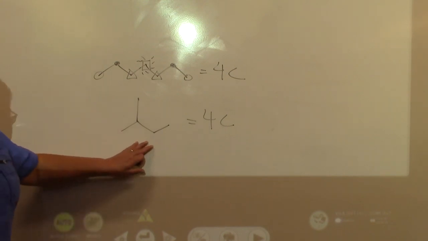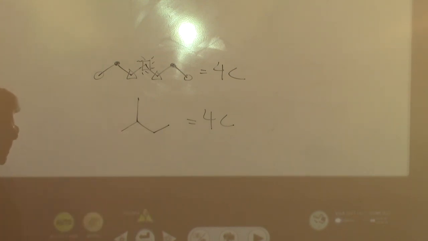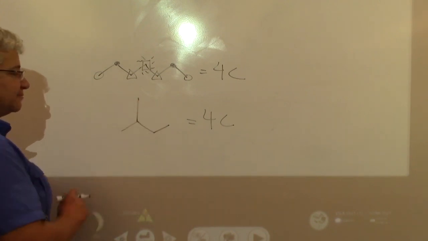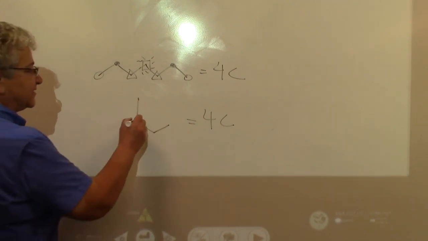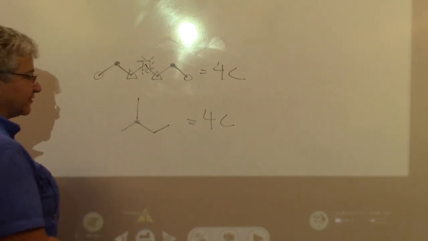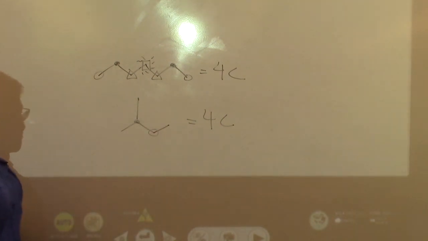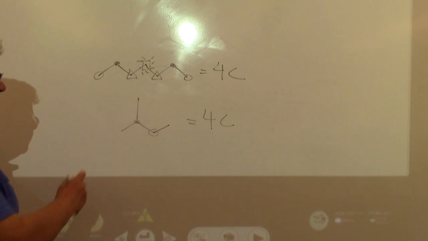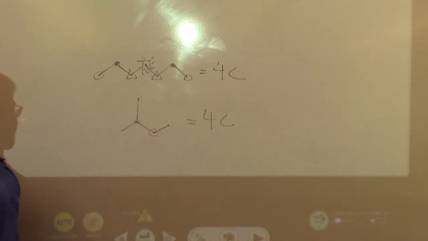This one was a little trickier, right? So if I look at this molecule, I see a CH. And I don't see any other CH, so I know that's going to be different. And I see a CH2, and I don't see any other CH2, so I also know that's going to be different. But now I have 3 CH3 groups.